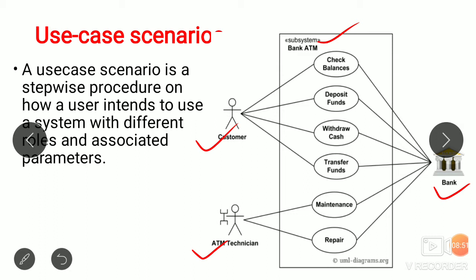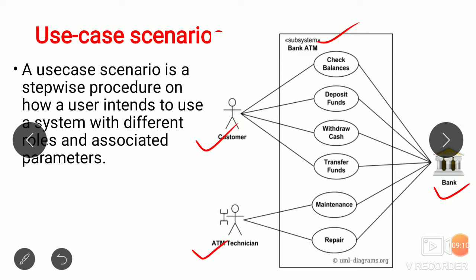Who are the users here? Customer, technician and bank. These three users are interacting with the bank ATM. Here bank ATM is a system. Combinedly this is called a use case scenario.